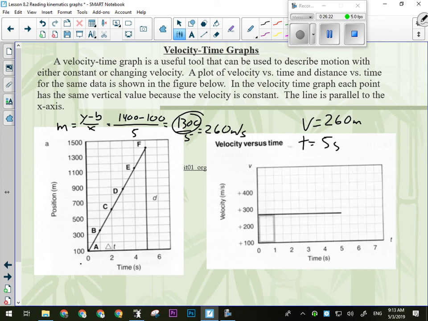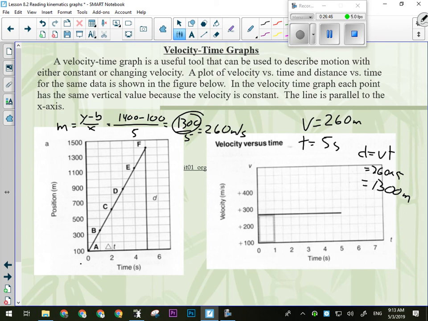Can I calculate the displacement? Is it going to be 1,300? Yeah, because this is 260 for 5 seconds, right? So d equals v times t, 260 times 5 is 1,300 meters. These graphs are showing exactly the same motion.